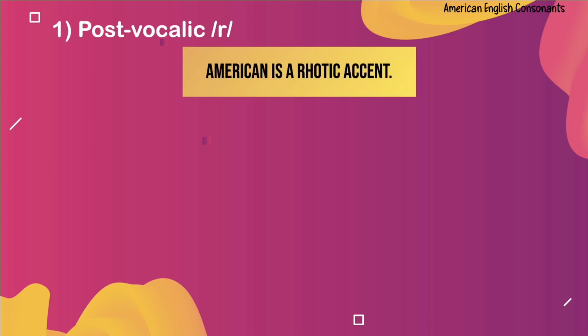It is often known as the rhotic accent, which can be divided into rhotic and non-rhotic accents. British English is a non-rhotic accent, which means British English won't pronounce the r sound when it occurs after the vowel sounds. While American English is a rhotic accent, which means the r sound that occurs after the vowel will be pronounced.